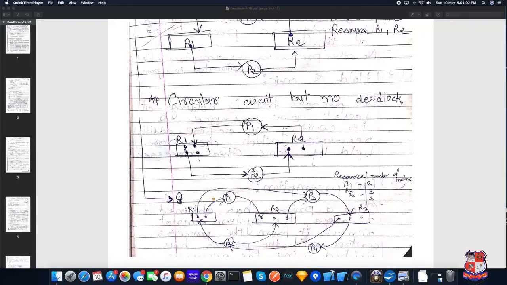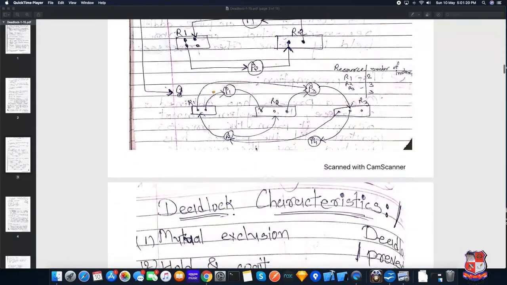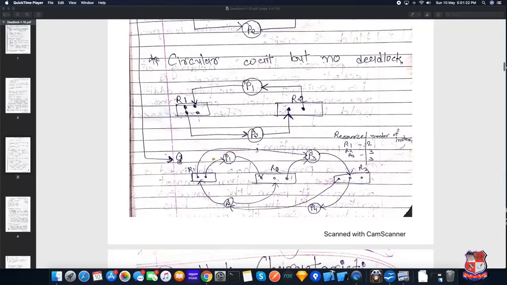In the R1 instances, P1 sends the request for a particular instance of R1 and another instance is held by P2. So a circular wait can be generated, but there is no deadlock in the system. So it is a circular wait but no deadlock.